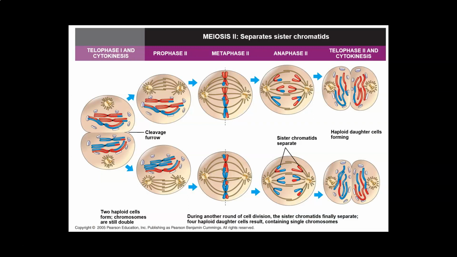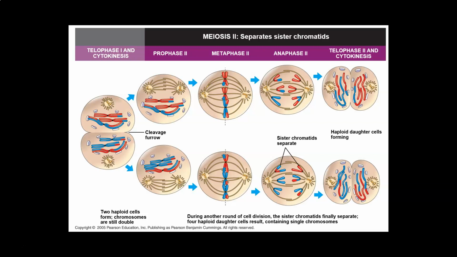And then this time the centromeres break and the sister chromatids are pulled to opposite poles during anaphase 2 of meiosis. And then you have telophase, where they've reached the opposite poles, and see how the cell's starting to pinch in 2, cytokinesis. That's going to occur, and you're going to get 4 haploid daughter cells.